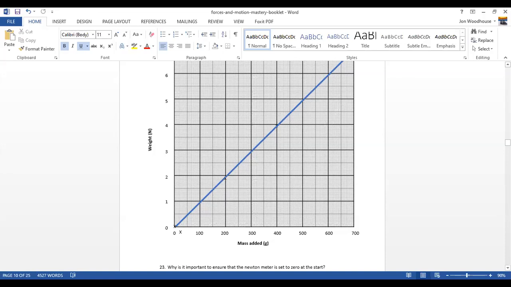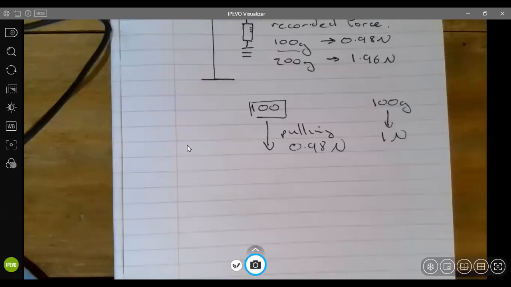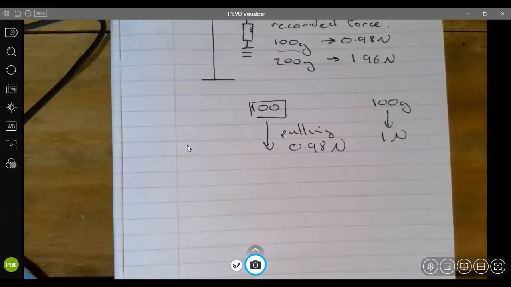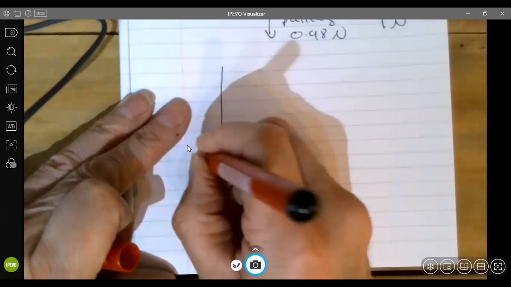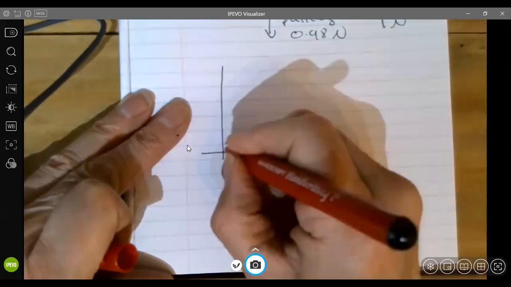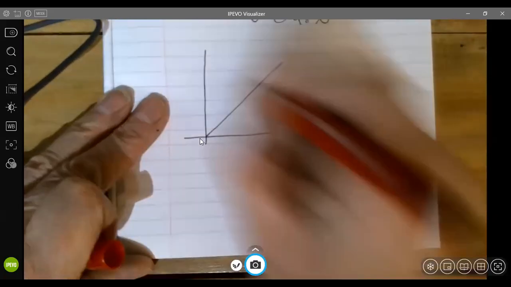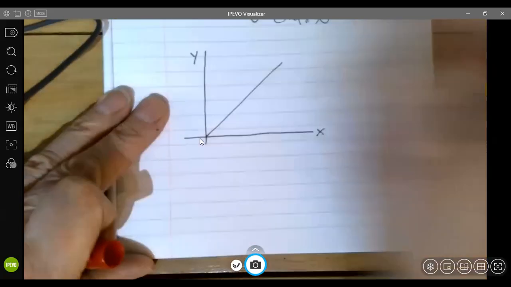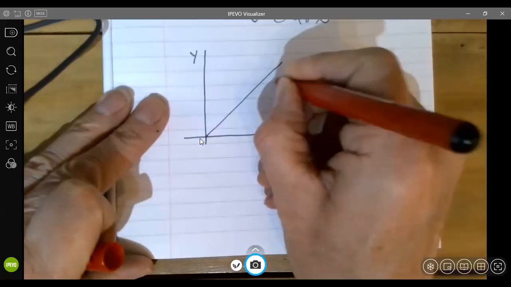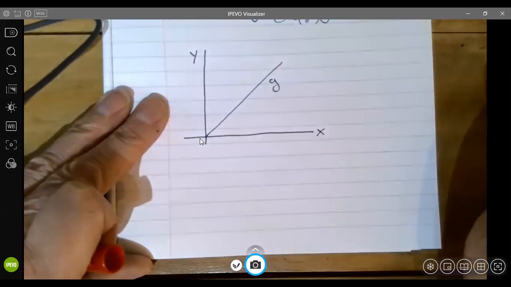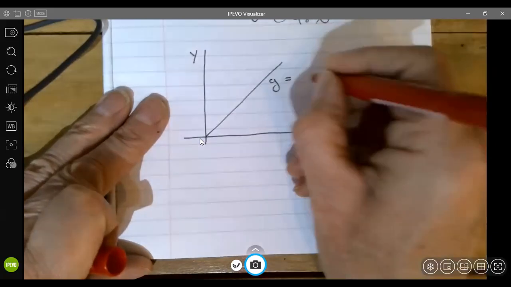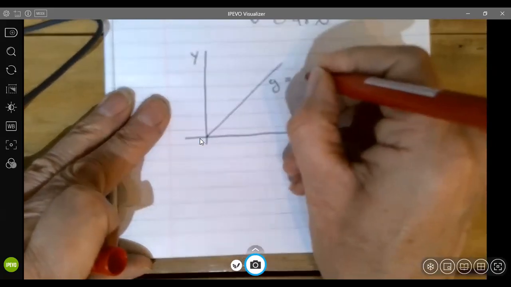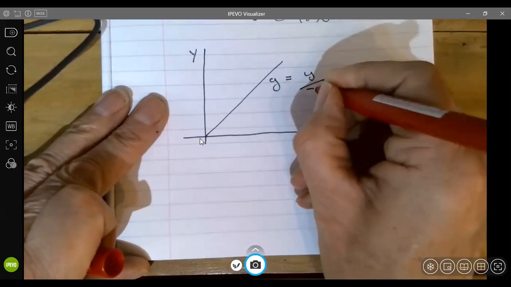So if we go to this, what we can see is we have got this line here. Now, if this is x and this is y, if I want to calculate how steep this line is, I calculate the gradient on a hill. Now, the gradient here will be the change in y over the change in x.